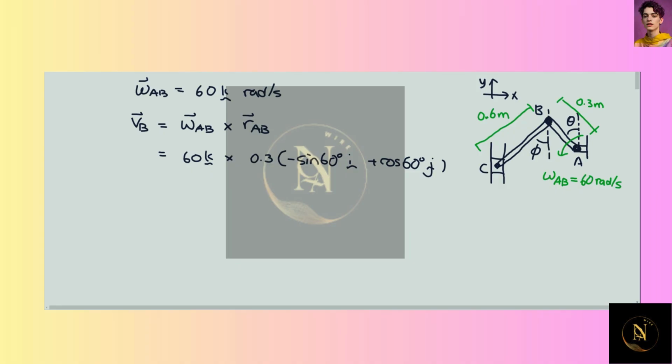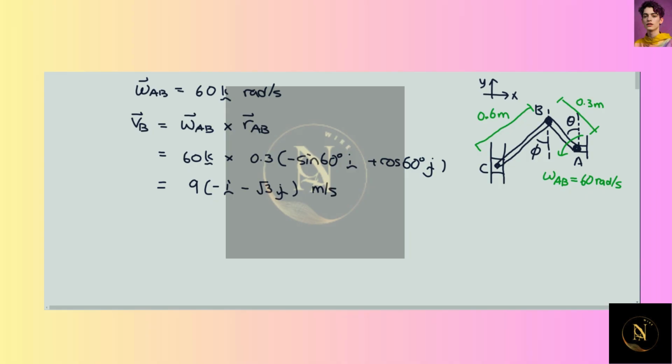Theta is 60 degrees, so the i component is minus sine 60 degrees and the j component is cosine 60 degrees. If you simplify, this is what you get: 9 times minus i minus root 3 j, in meters per second.